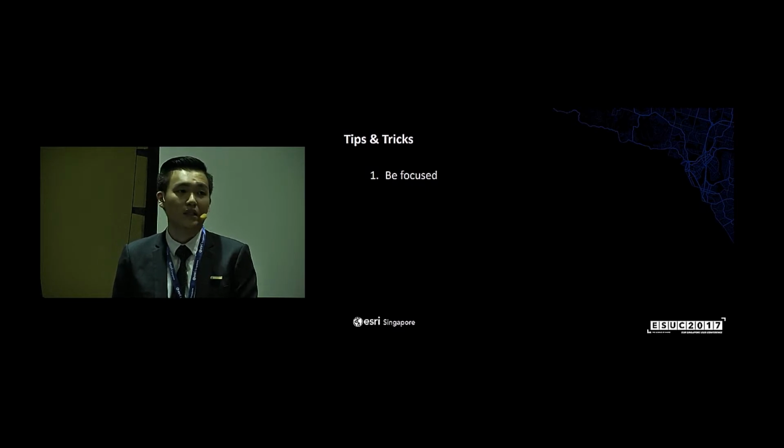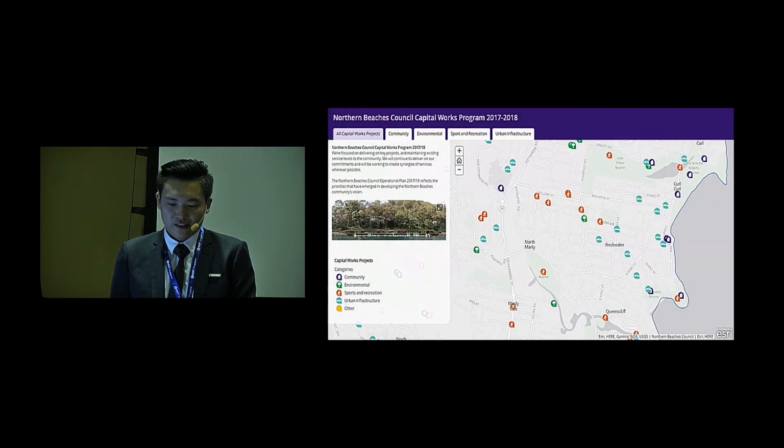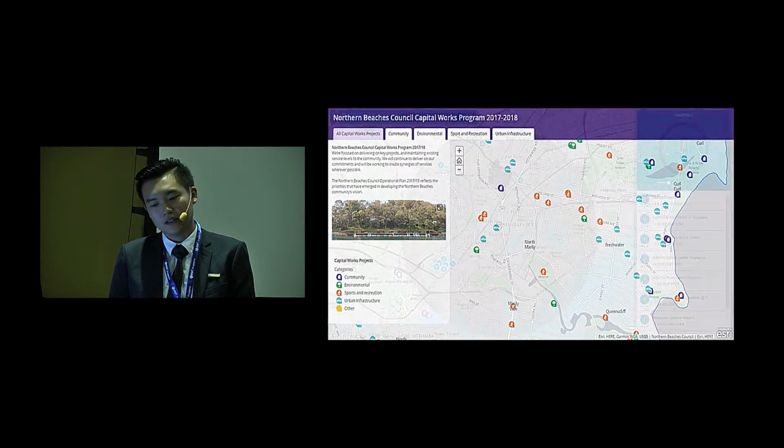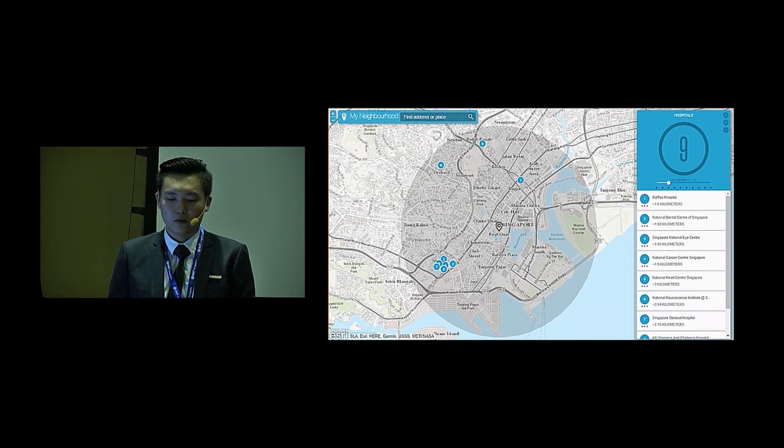Decide that one thing and do it really, really well. For example, this web application is showing where all the capital works are ongoing. And the other example allows me to locate the nearest hospital, libraries, or even community centers.